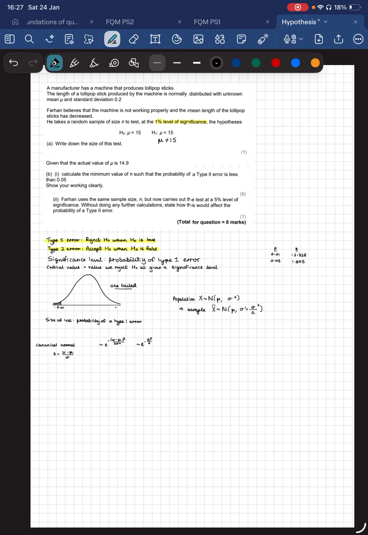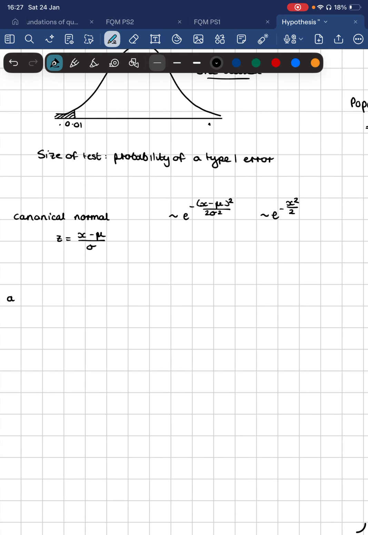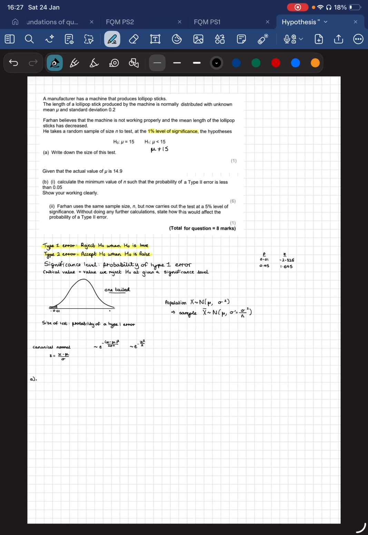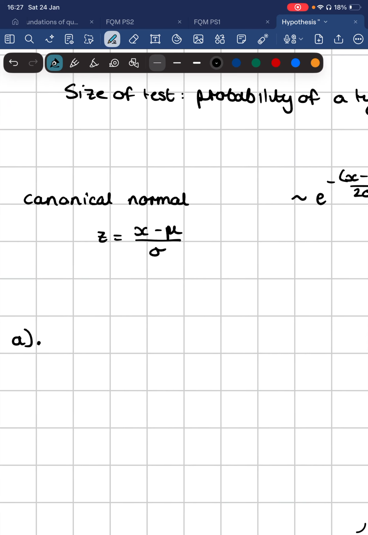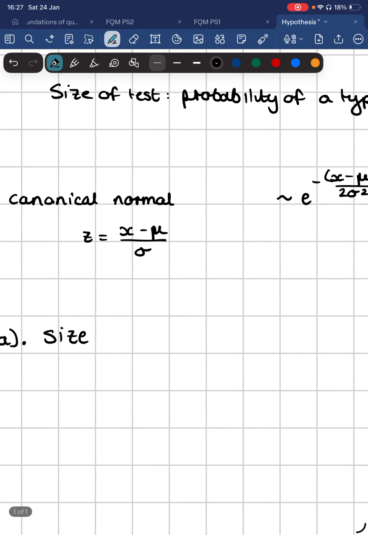But part A is: write down the size of the test. This is one that's worth checking with your teachers, and it depends what exam board you're doing. But generally, when I've met this term before, size is just the probability of a type 1 error, which is exactly the same as the significance level. I'm not 100% confident on this answer, and I don't have a mark scheme for this question.